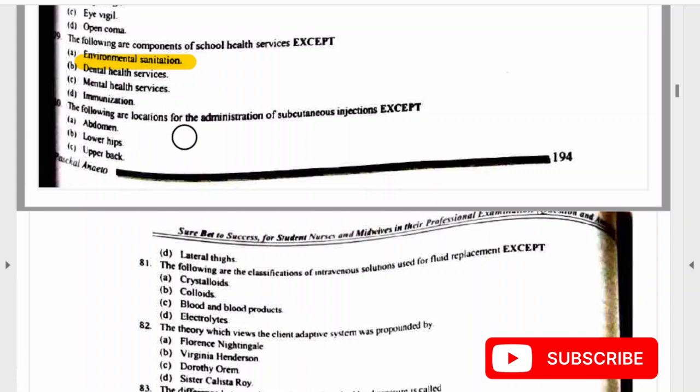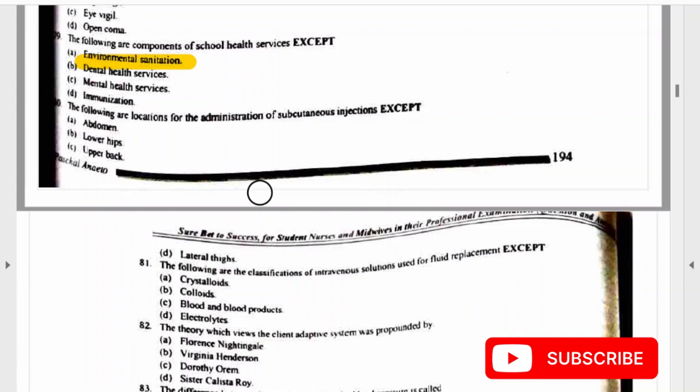The following are locations for administration of subcutaneous injection except. It says abdomen, lower hips, upper back, and lateral thighs. Now, there's something wrong about this question, because all of them are actually sites for administration of subcutaneous injection.